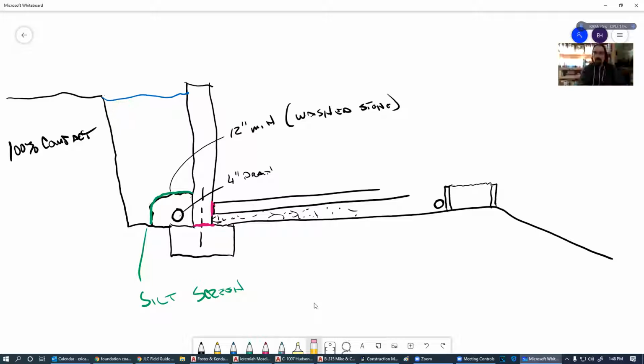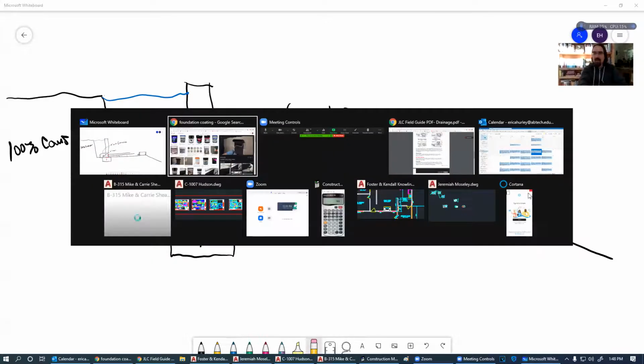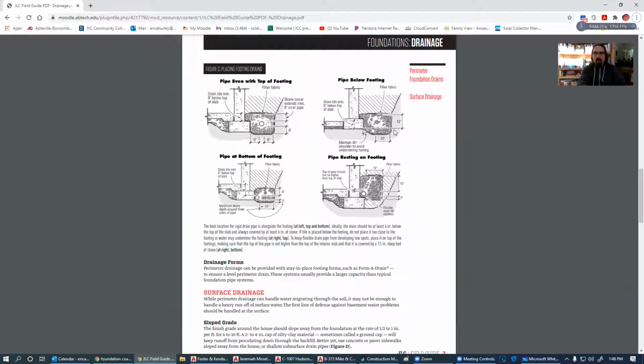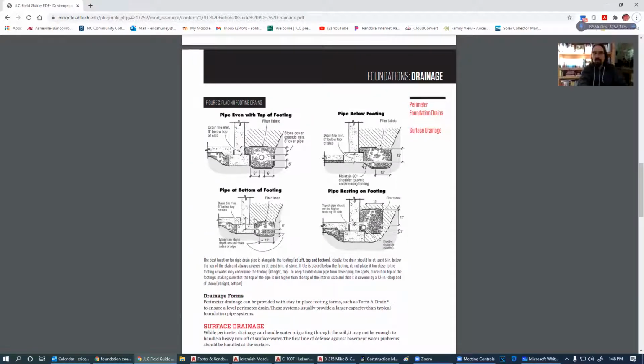Eric, I'm following along here with the Journal of Light Construction PDF. Your figure C on placing your footing drains has those two on the left as best practice, and only one of those three has the footer drain on top of the footer.